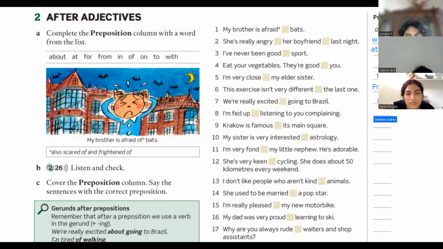I'm fed up with listening to you complaining. With, very good. Next, Jocelyn Sanchez, 9. Krakow is famous for its main square. Famous for. Valeria, 10.